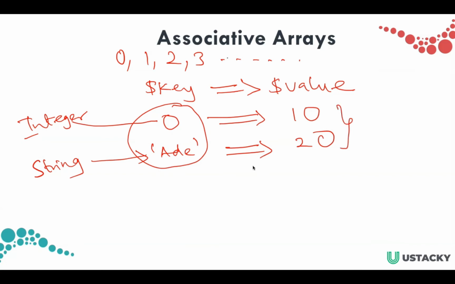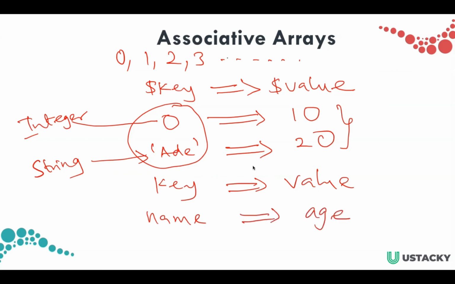For example, if you'd like to form an array of ages of students in a class, we have key and value. The key should be the name of the student, while the value should be the age of the student.